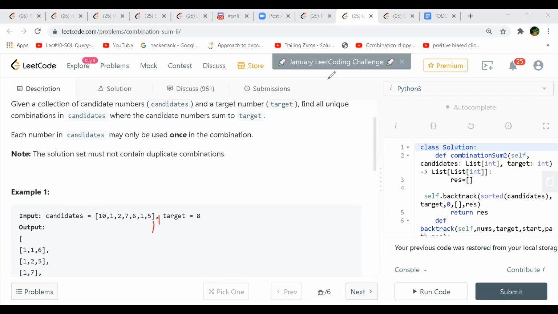Otherwise, you will ignore the last one. So you're saying 1 1 6 is one combination, and 6 1 1 is another combination, right? Yeah, but in the input you have an extra one after 5, so 3 ones. If we only pick 1 1 6, we ignore the last one.